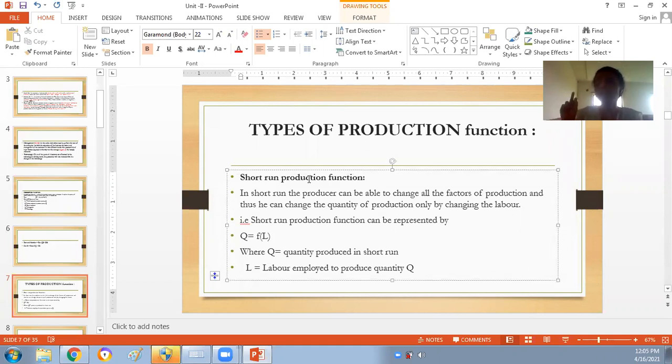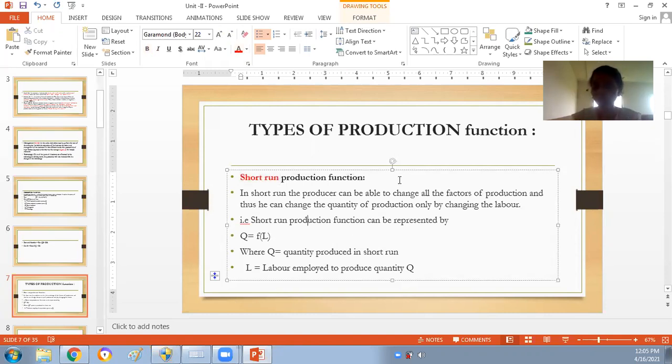Depending upon the scope for change in the input factors, the production function is classified broadly into short run and long run. Short run, as the name itself says, means a shorter period of time, that is, less time.